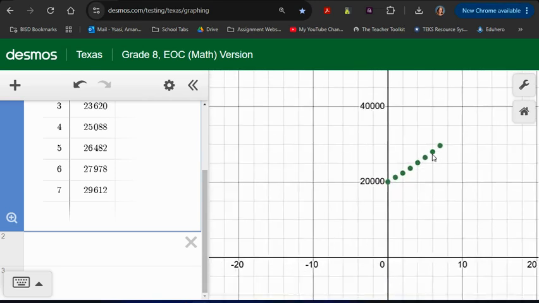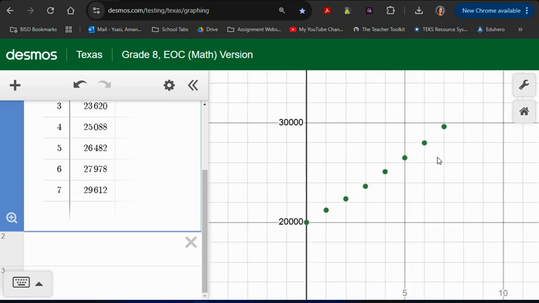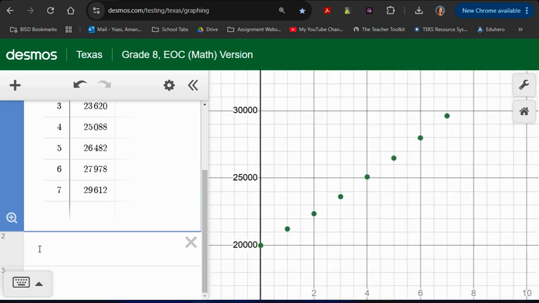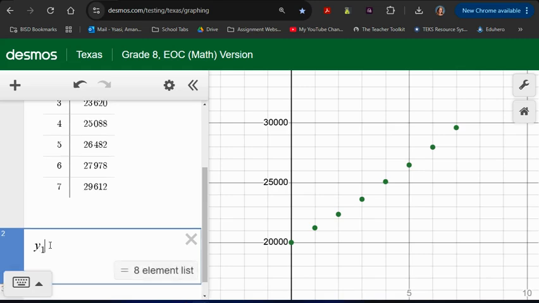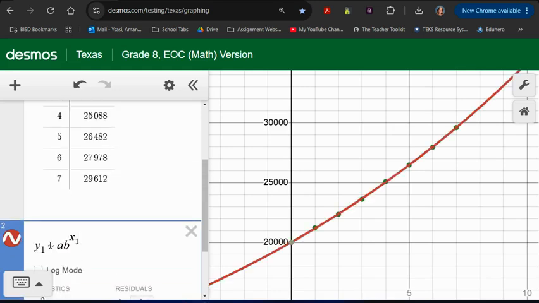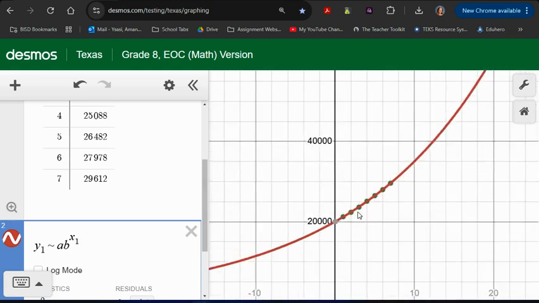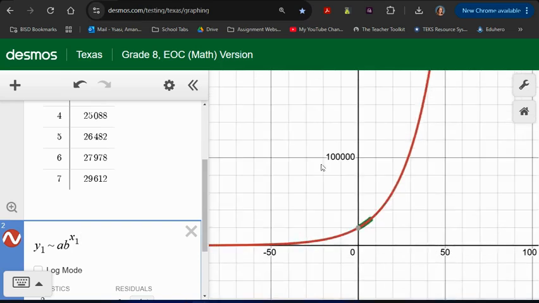But if you zoom out, it looks more exponential. All right, so let's go here. Put in our regression function, y1 squiggly a b raised to the x1. You can zoom out and look at that exponential function. Looks pretty cool.